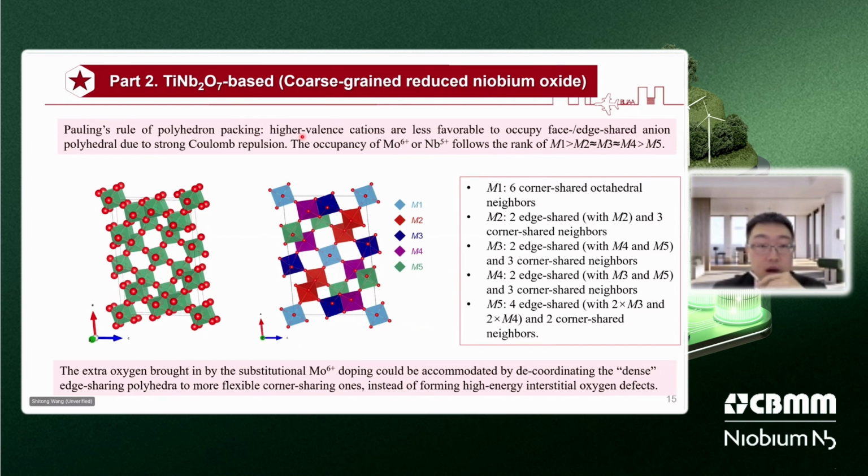The high valence cations are less favorable to occupy face-shared polyhedra due to the strong Coulombic repulsion. As a result, the extra oxygen brought in by the molybdenum doping could be accommodated by the decoordination of the dense edge-sharing polyhedra to more flexible corner-shared bonds.